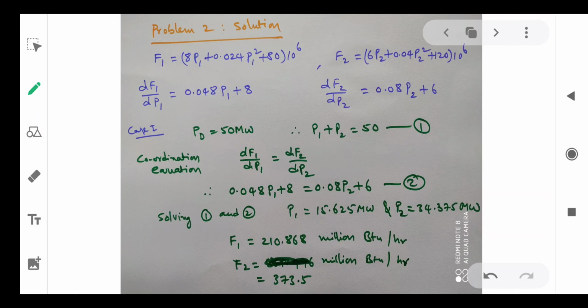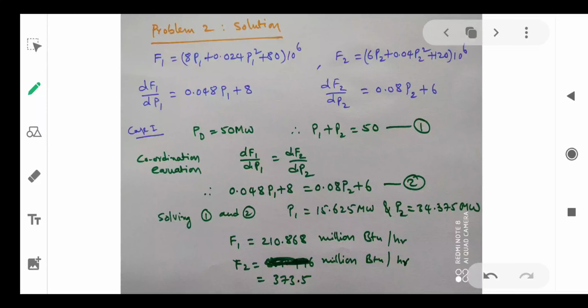From the expression you can obtain P1 is equal to 15.625 megawatts and P2 is equal to 34.375 megawatts. By substituting these two values P1 and P2, you will get F1 and F2 in million BTU per hour, 210.8 and 373.5 respectively.